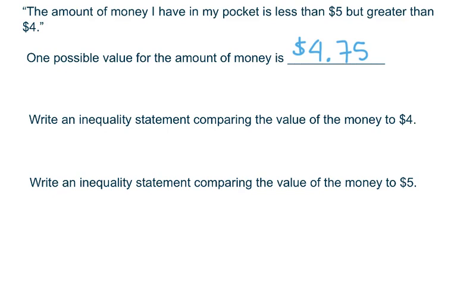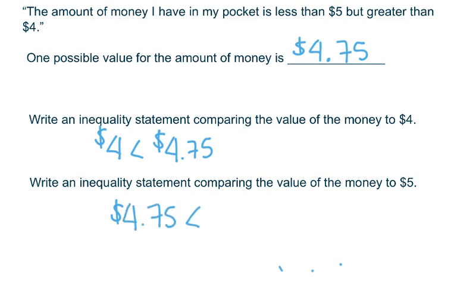Well, $4 would be less than $4.75. And write an equality statement comparing the value of the money to $5. $4.75 is less than $5.